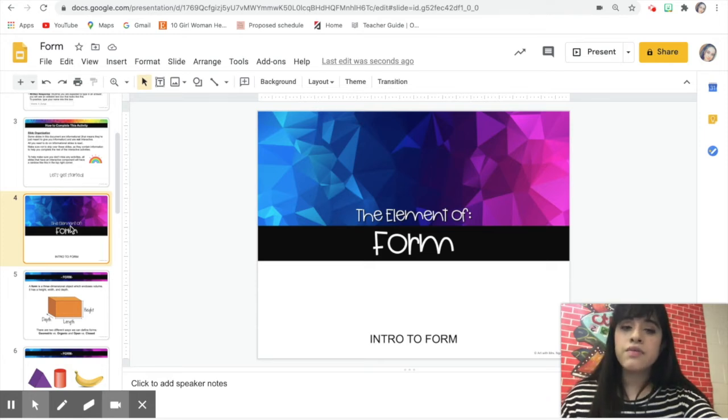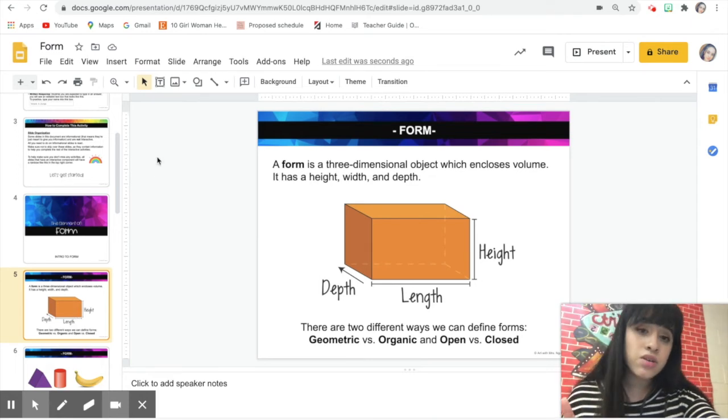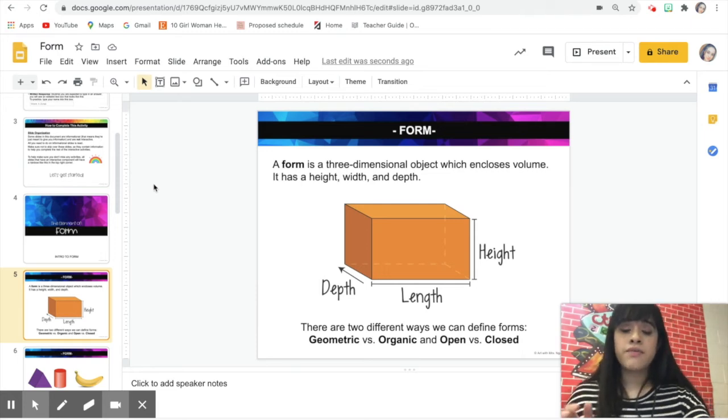The element of form. Remember, all of these things that I'm showing you are very important foundations into creating your own artwork. So let's look at the definition. A form is a three-dimensional object which encloses volume.